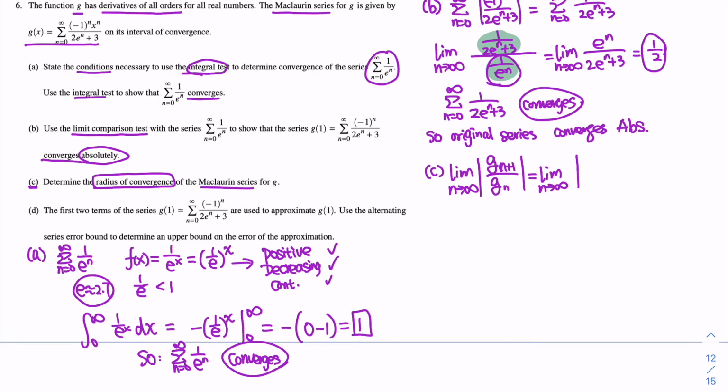This will give us negative 1 to the n plus 1 times x to the n plus 1 over, it's very tedious. We divide by g of n, which is the same thing as multiplying by its inverse. Because we have absolute value, this negative 1 is gone. The x to the n is cancelled, and we have 1 x in the numerator.